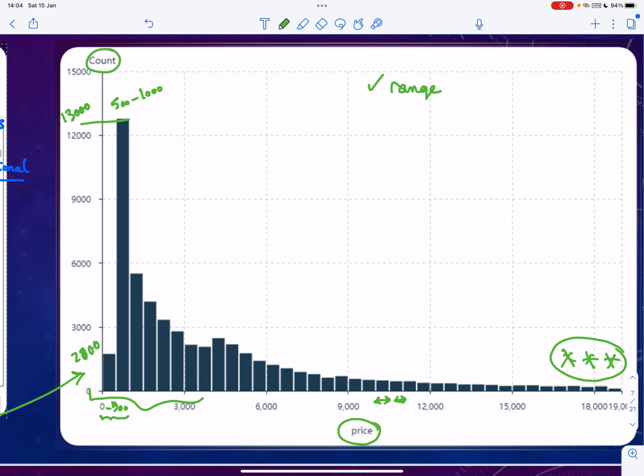I figured out that there are a few very expensive diamonds, but most of diamonds are in this range. I see that the most frequent price category is something around 500 to 1000, which is another thing to know. I figured that there are some diamonds with very, very low price, which is quite interesting. I used to think that diamonds are very, very expensive, but it seems that we can buy something even with our small pockets.